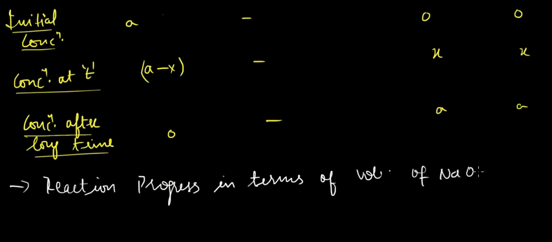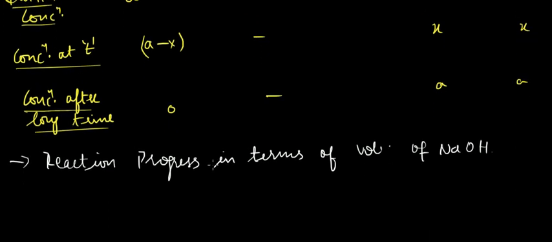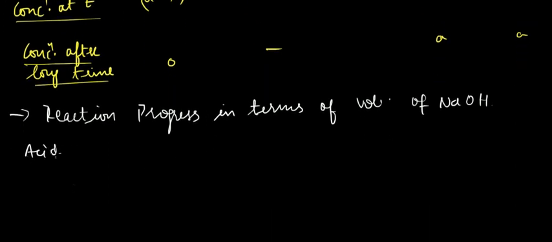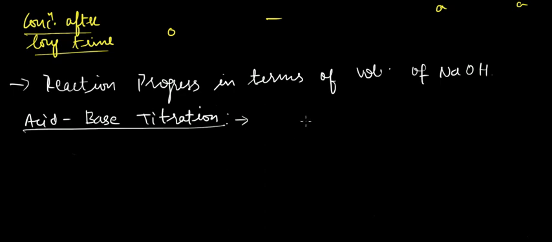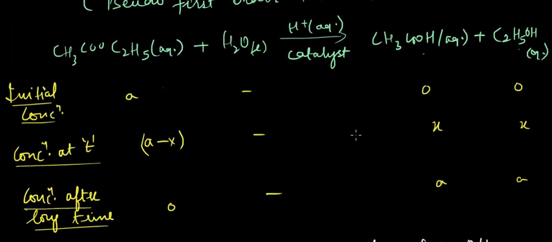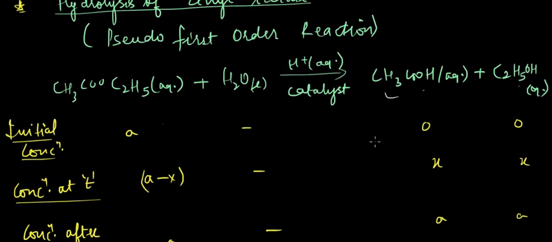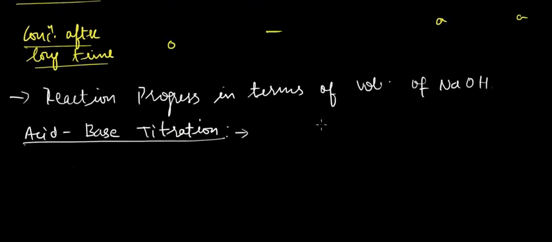This brings us to the point of acid base titration again, in which NaOH acts as a base and CH3COOH, which is acetic acid, acts as an H plus donor in the reaction mixture.